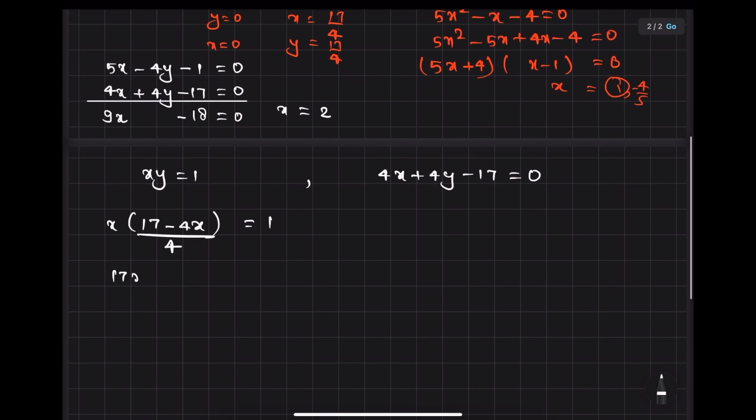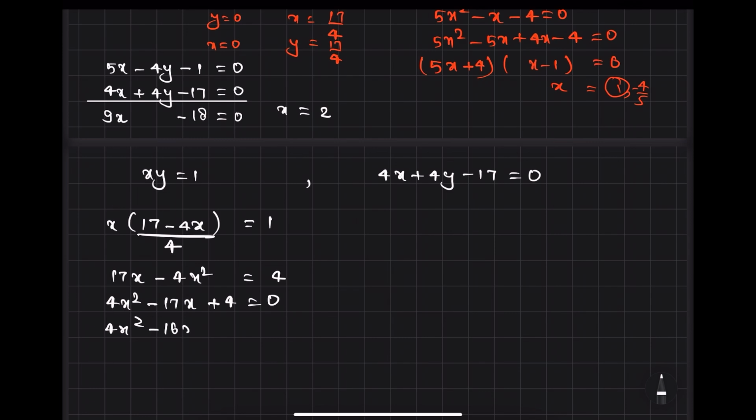So it is 17x - 4x square, equals 4. Moving that side, 4x square - 17x + 4 = 0. So it is 4x square, 16, 1 times 16. 4x common from the first part, minus 1 common from the second part.